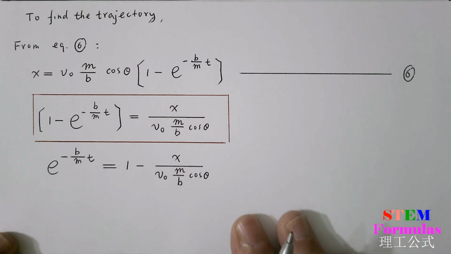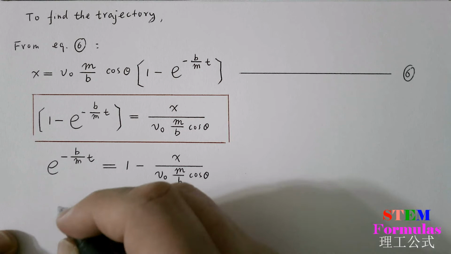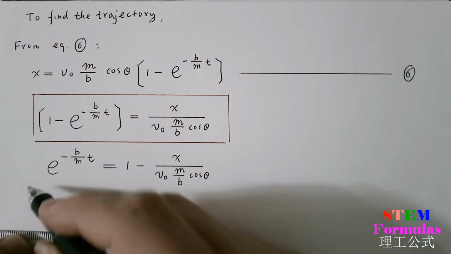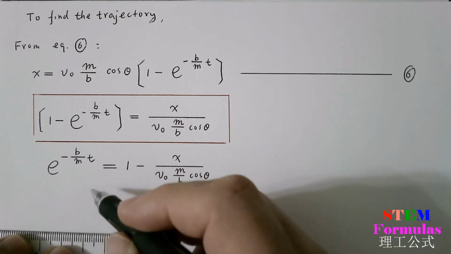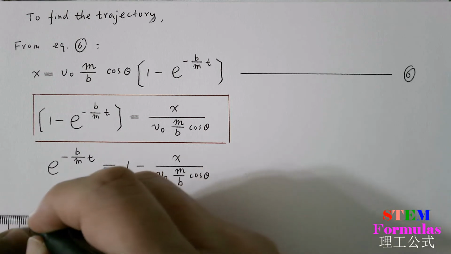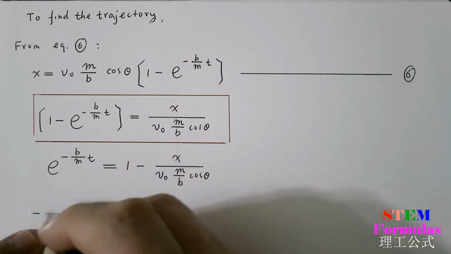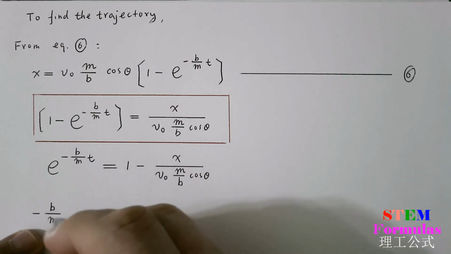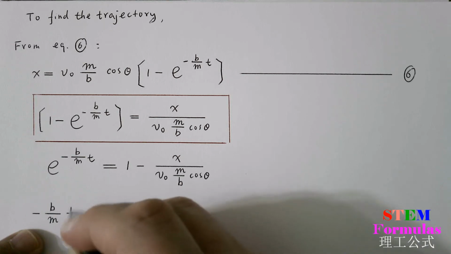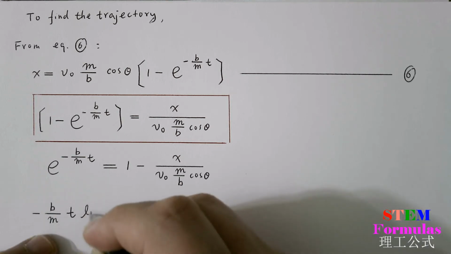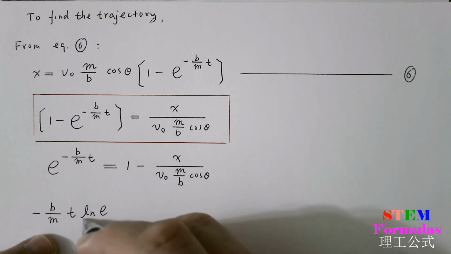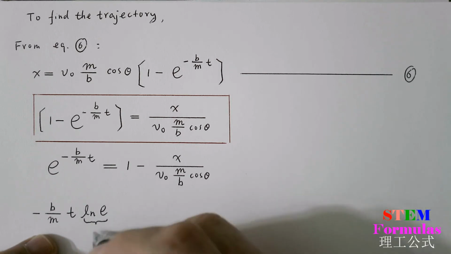And further, if I take the logarithm on both sides, we have minus b divided by m t log e, and this equals 1.